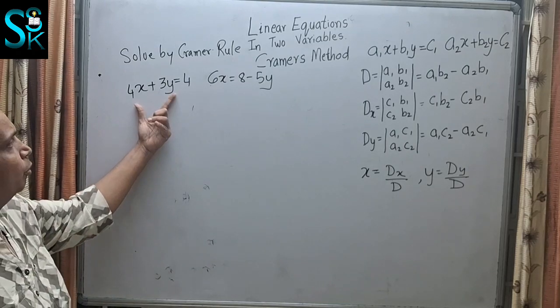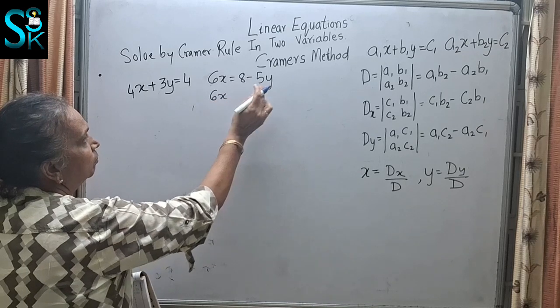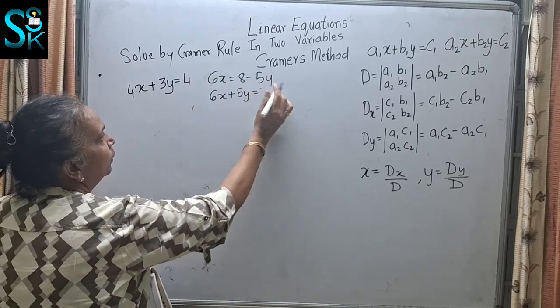Okay, so the first is in standard form, but this you have to write in standard form. So that is 6x, and minus 5y will come here, it will become plus 5y is equal to 8.